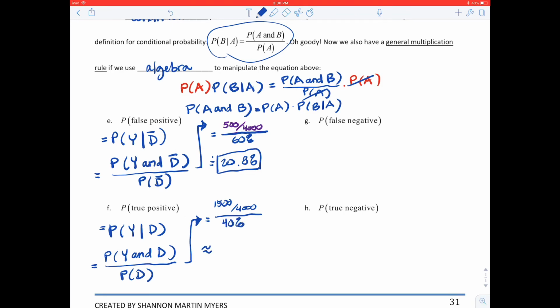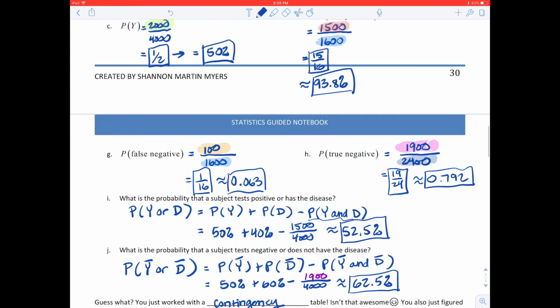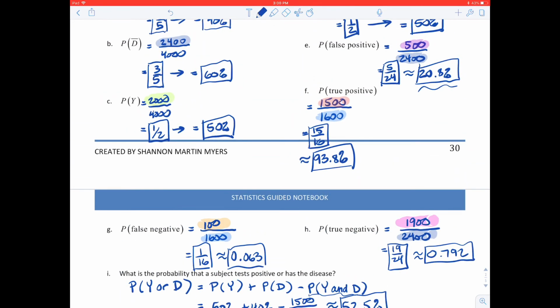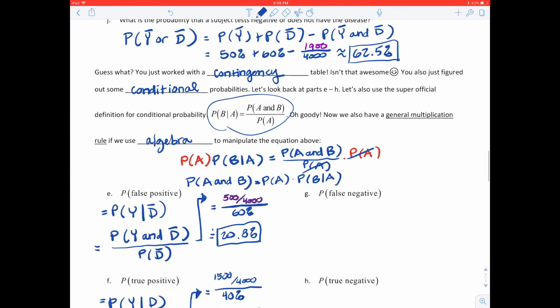That gives us approximately 93.8%. And again, let's check it. True positive: good, 93.8, 93.8.